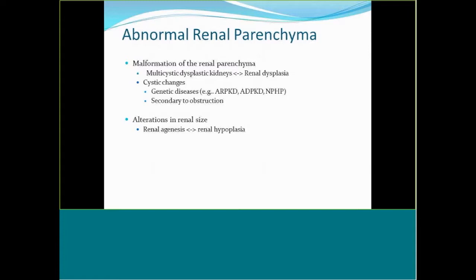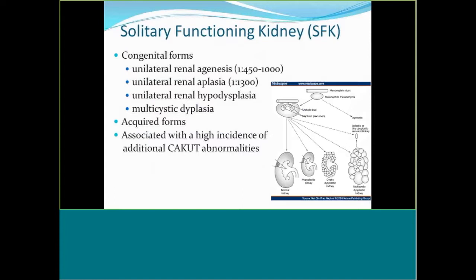And then alterations in renal size is another manifestation of abnormal parenchymal development, going anywhere from the extreme of the kidney not developing at all, renal agenesis, to it developing but not fully, being a little bit small, which we call hypoplasia.